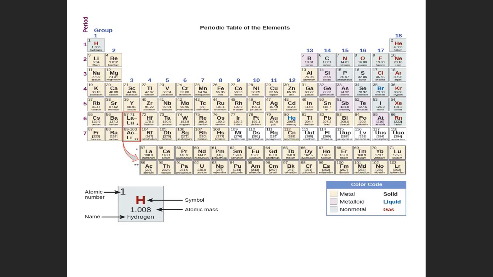And then there is another thing that we have to look at. If the symbol of the element is written in black, the element is solid. If it is written in blue, it is liquid, and if it is written in red, it is a gas.